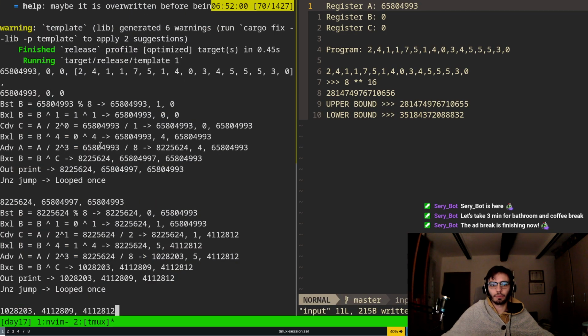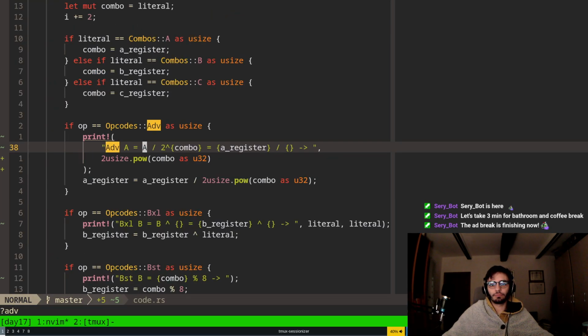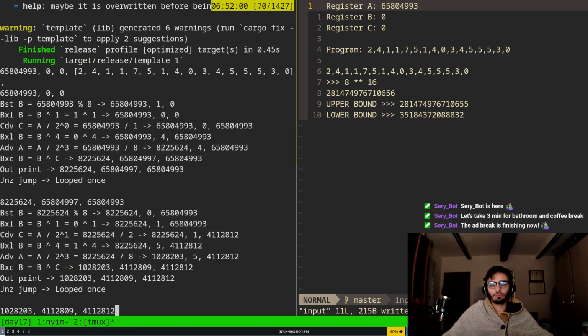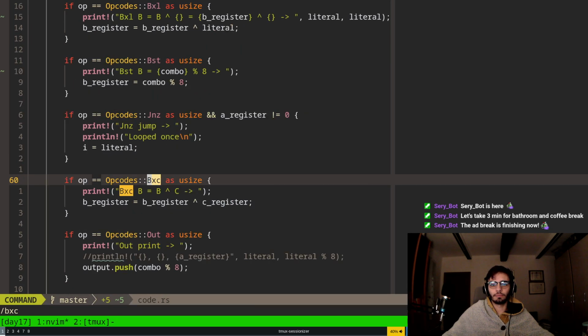Yes, it is. Okay. And that's 4 because 0 would basically be in recopy. ADV, which is the important one. So A gets divided by 8 every time. And BXC, I don't even remember what BXC stands for.